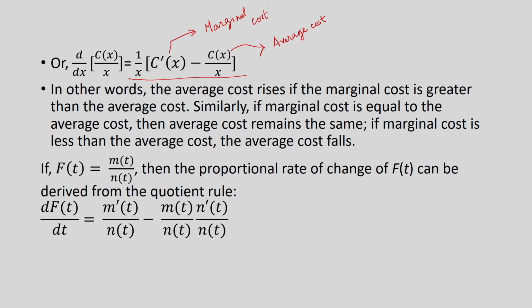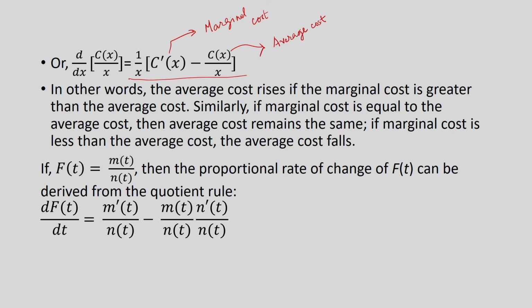Right. So, d/dx of the average cost is equal to 1 divided by x multiplied by (marginal cost minus average cost). So, if it is the case that marginal cost is greater than the average cost, then the right hand side is positive, and if the right hand side is positive, then the left hand side is positive, which means that as output level rises, average cost is rising.